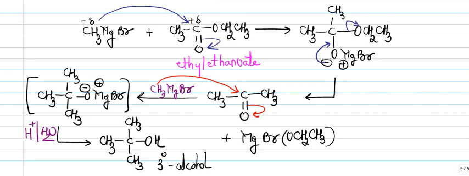Thus, even esters generally produce tertiary alcohols as the products when they are made to react with Grignard. As you can see here, the name of this alcohol is 2-methylpropan-2-ol. So this is how Grignard reagents react with esters.